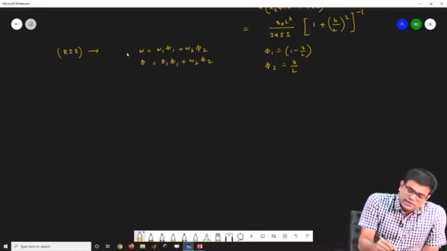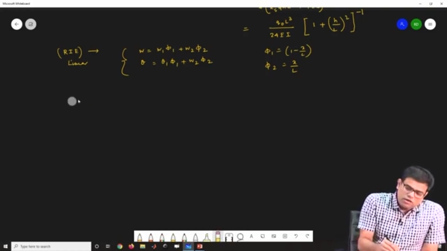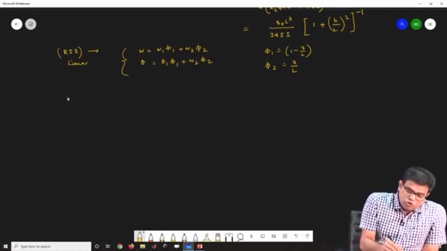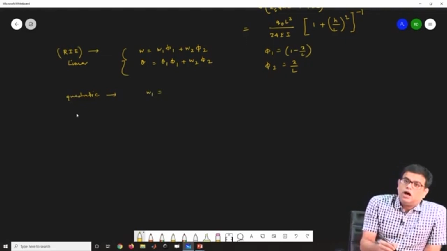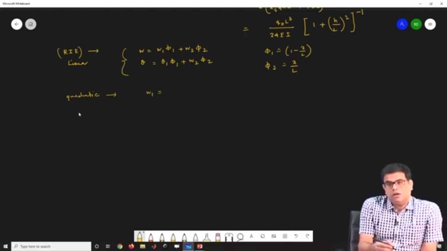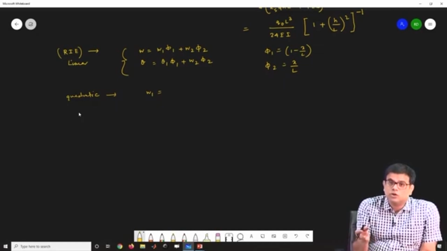So in that case this is a linear reduced order element, so we can use a quadratic reduced order element. It will be 3 node, with the same number of displacement as well as slope nodes, but the shape functions will be quadratic.